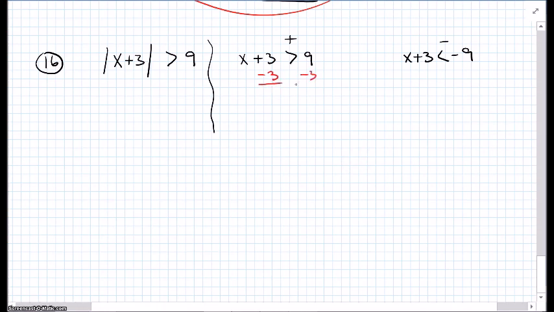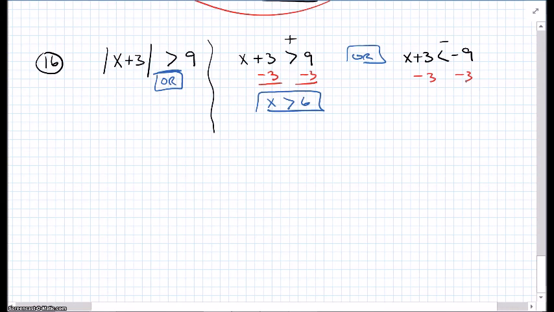So we're going to subtract 3. So our solution will be x is greater than 6. Remember, this is an or statement since it's greater than right there. So over here, subtract 3 just like we did before. So I'm going to get x is less than negative 12.